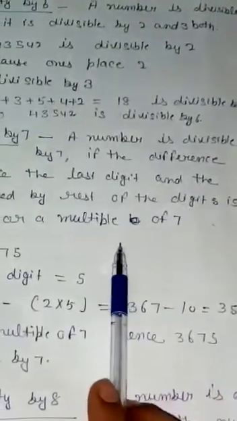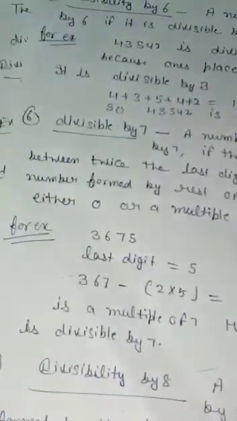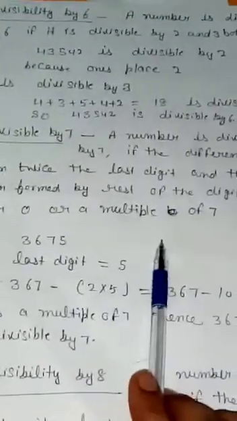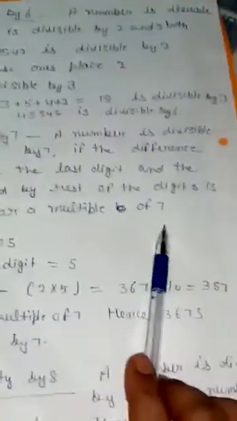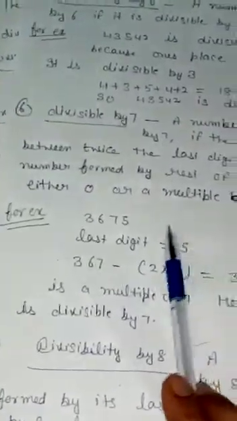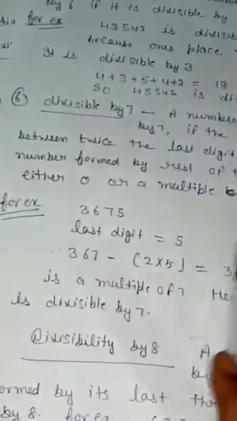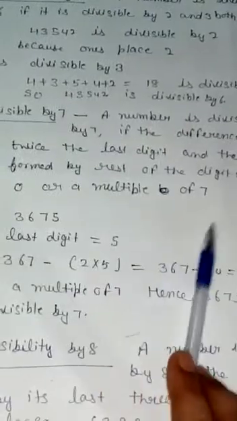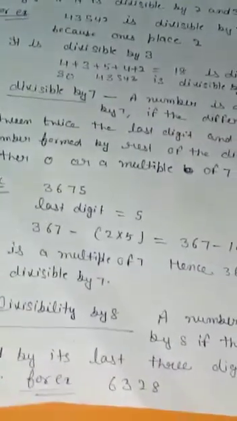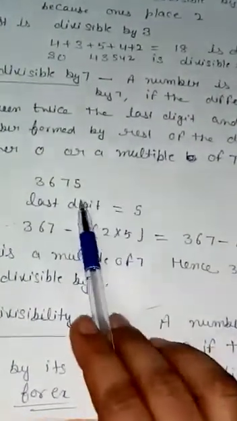Next is divisibility by 7. A number is divisible by 7 if the difference between twice the last digit and the number formed by the rest of the digits is either 0 or a multiple of 7. For example, 3675.